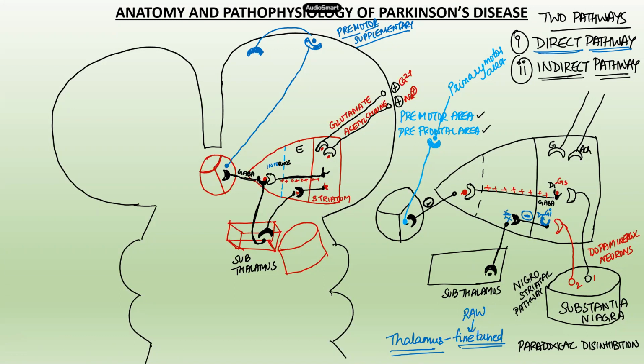And this GABA acts on the next neuron, which is now going to the globus pallidus internus. Right. Now this is a glutamate neuron.